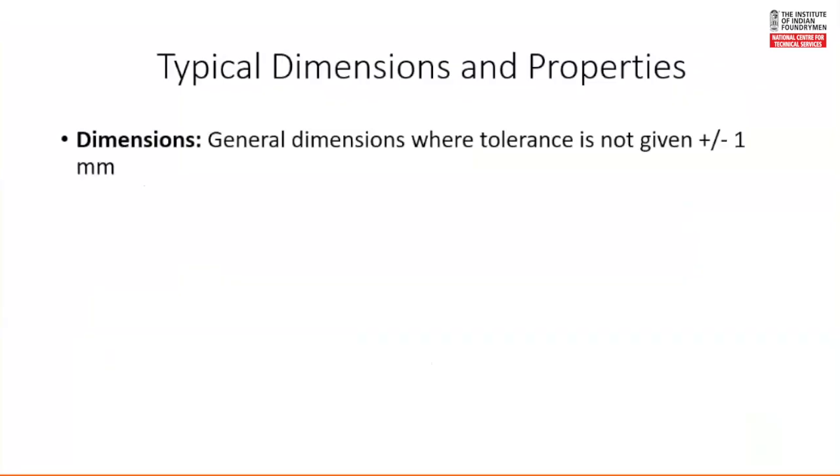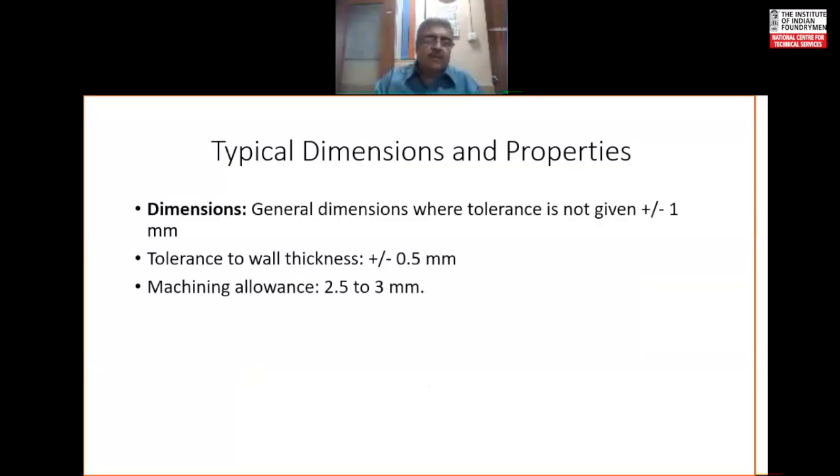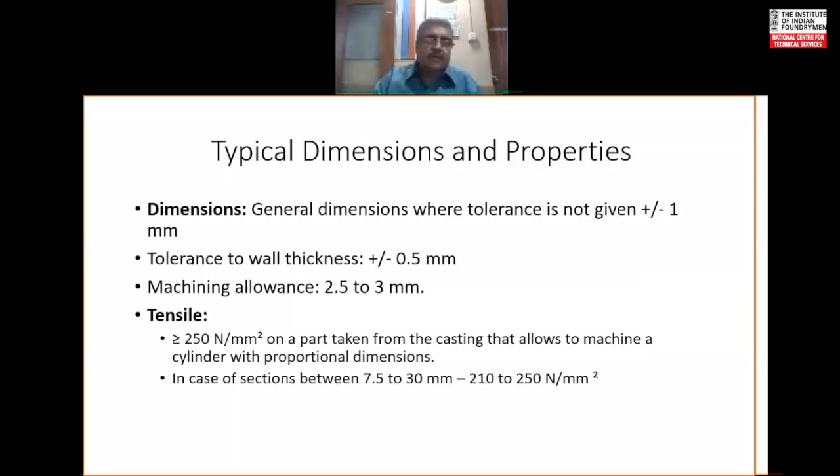Let's explore quickly what the typical dimensional and property requirements are for an engine block. Plus minus 1 mm in general dimensions, plus minus 0.5 mm in wall thickness, and a machining allowance of 2.5 to 3 mm. I've taken typical numbers. When it comes to strength, tensile strength is greater than or equal to 250 newtons per mm square for this typical specification.